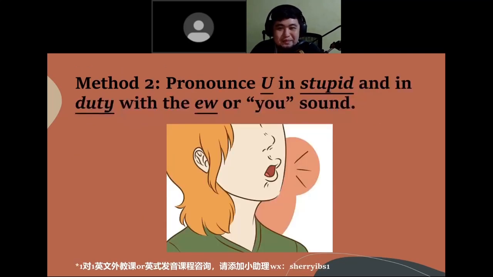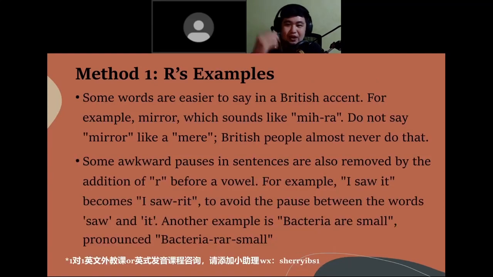So method 2. Pronounce the U in stupid and in duty with the you sound. So a little recap before we proceed: always be mindful of your R's.